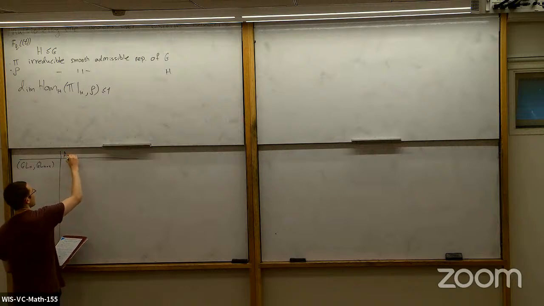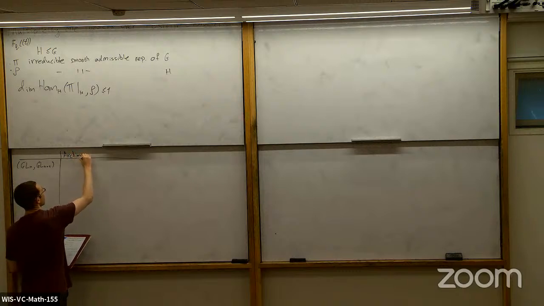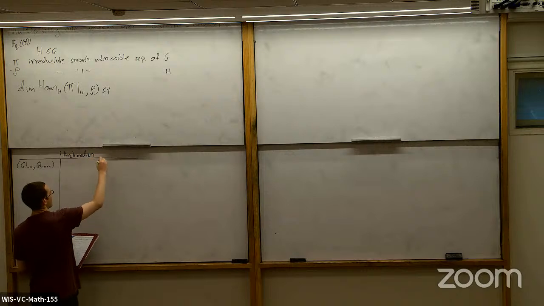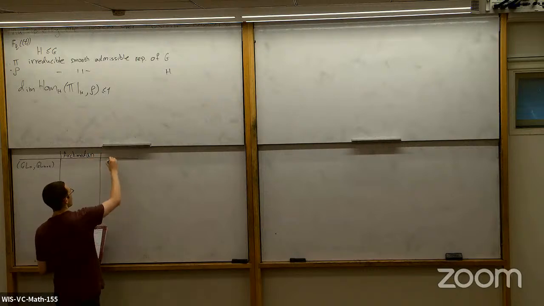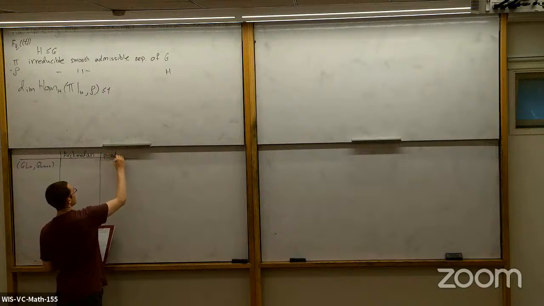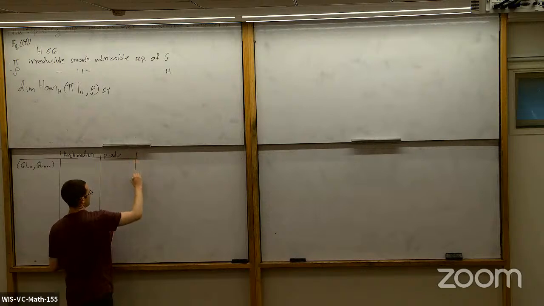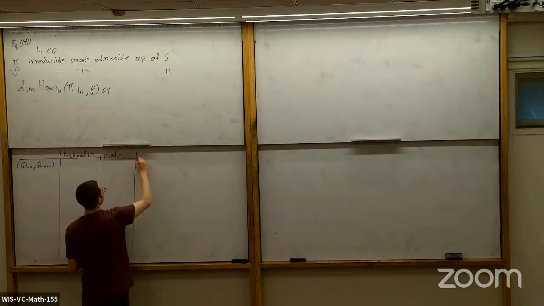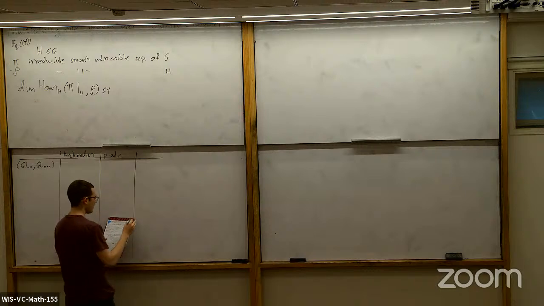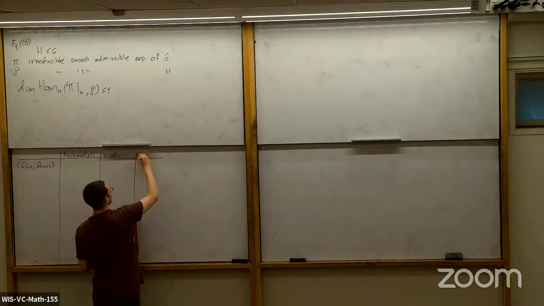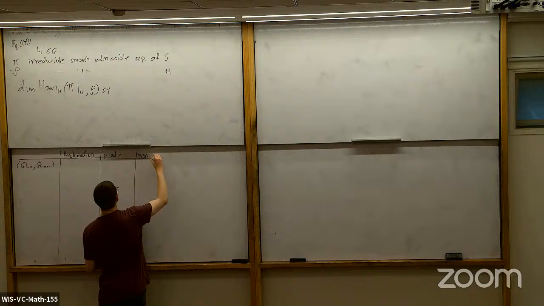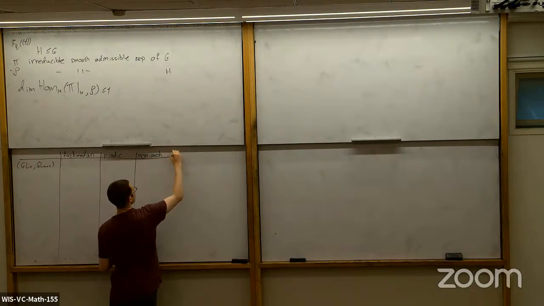We have the Archimedean case, the p-adic fields case, and let's call it the non-Archimedean and positive characteristic case.